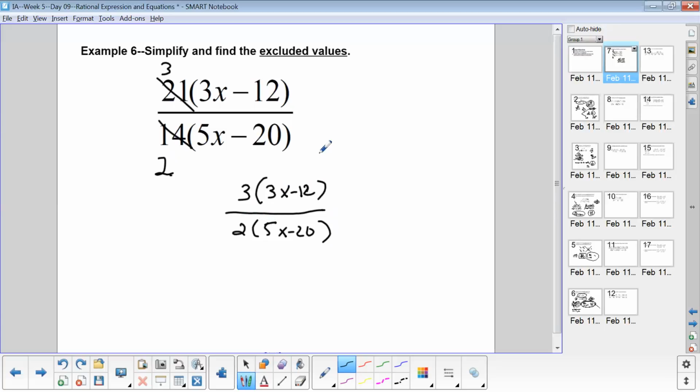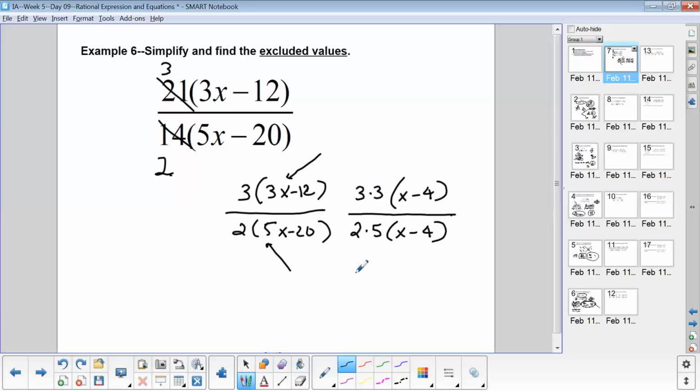Now, if we look here, both factors have a 3 in common, and both factors have a 5 in common. So we could say 3 times, and let's factor out a 3, so that would give us x minus 4. And we could factor a 5, so I'm just going to scoot the 2 over, factor out a 5, and that would give me x minus 4.